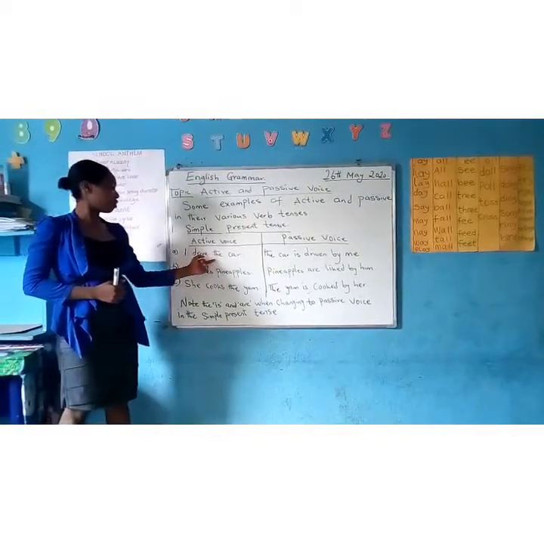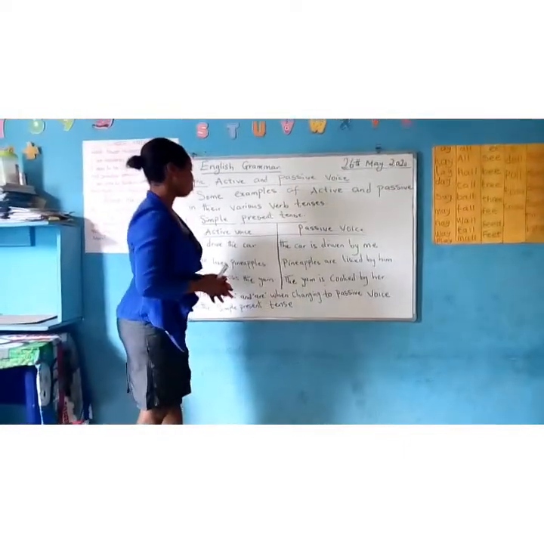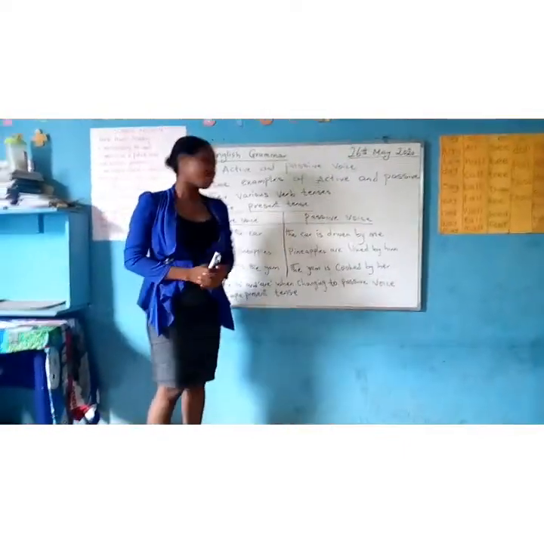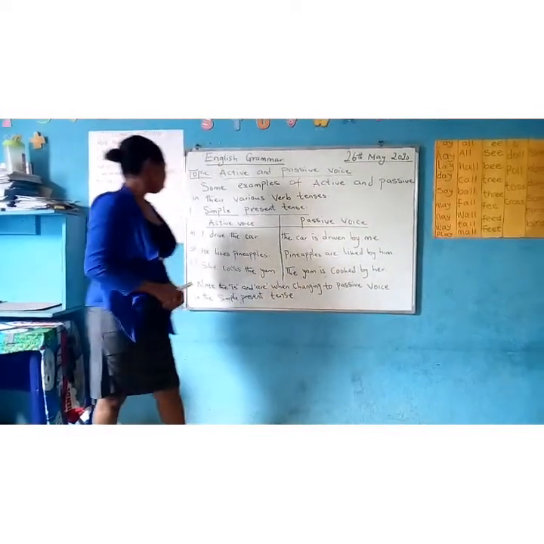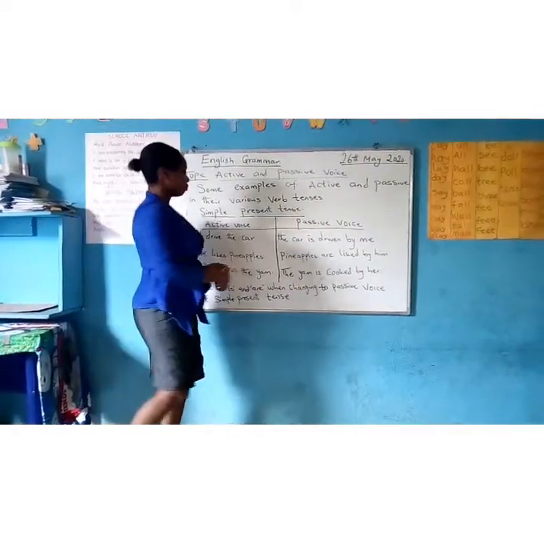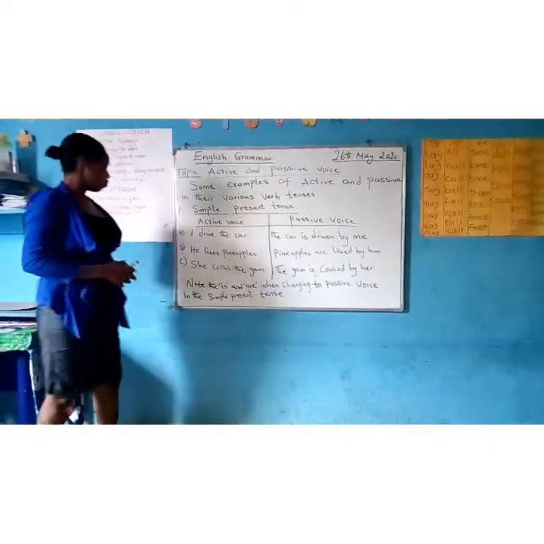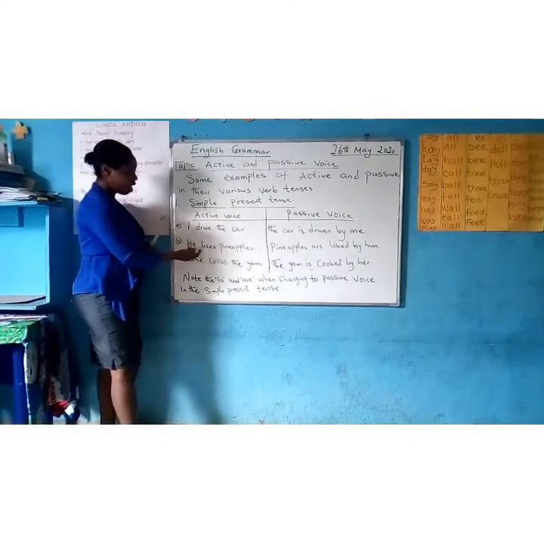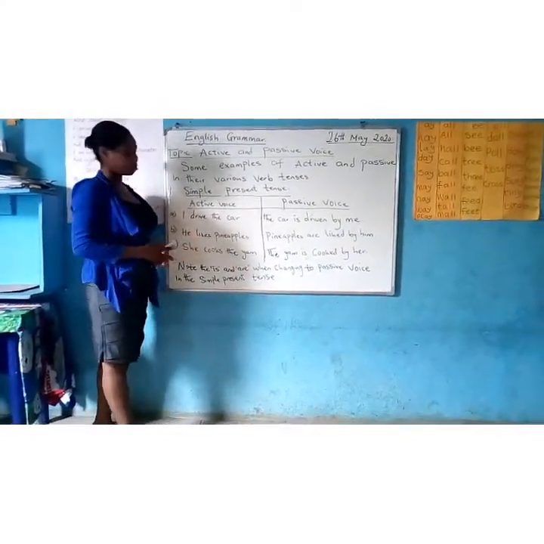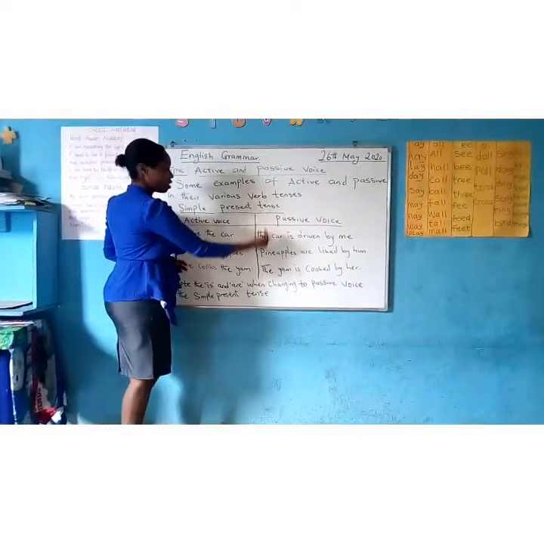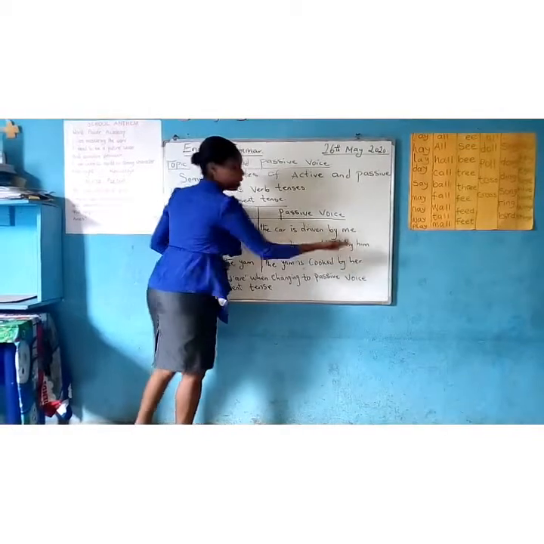That is active. The passive voice. The car is driven by me. B. He likes pineapples. Under the passive voice, pineapples are liked by him.